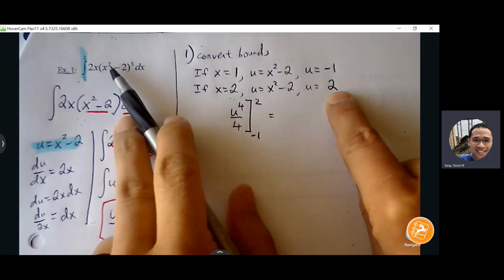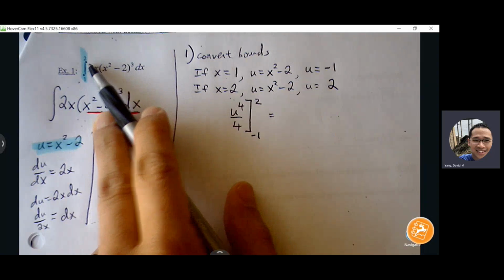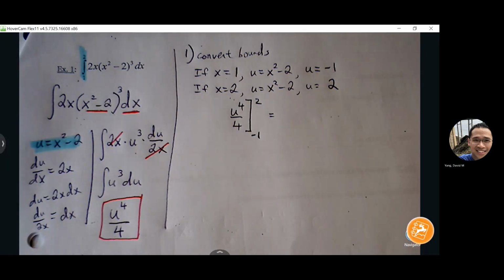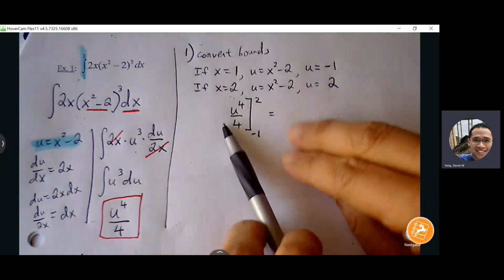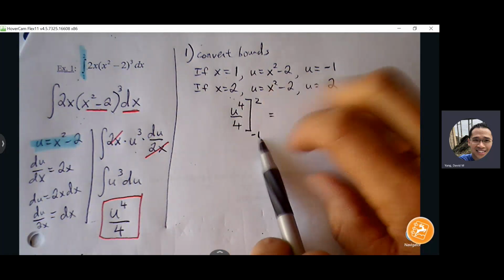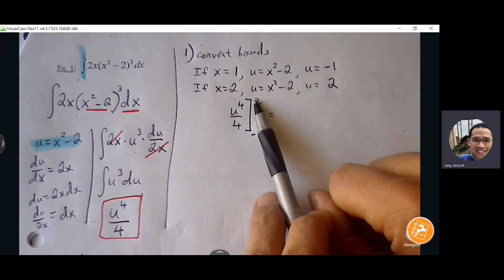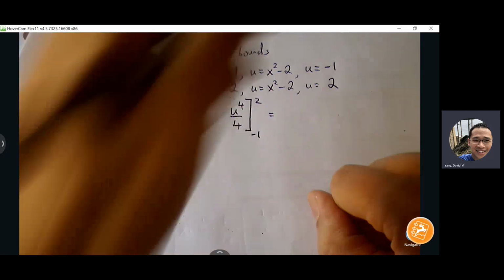Okay. Looks like the conversion didn't change the value, but we did get into a different variable. That's what's more important. Okay. So now you've got matching variables. Your antiderivative is in terms of u. Your bounds are in terms of u. Okay, what gets inserted first? Okay, upper bound, or the top number.